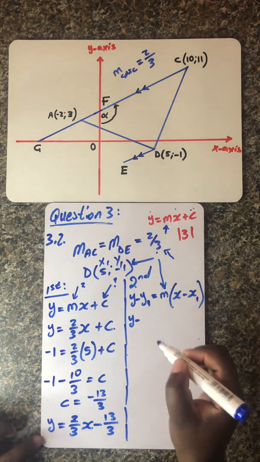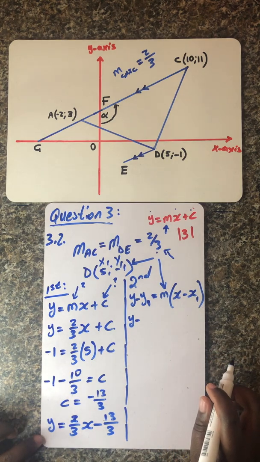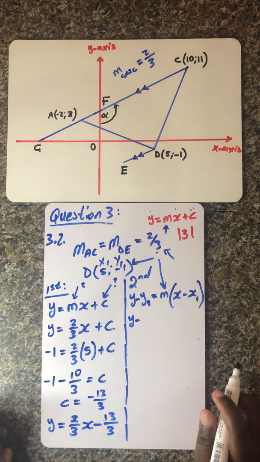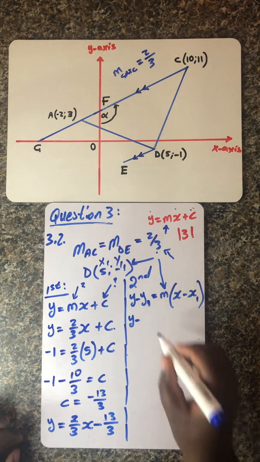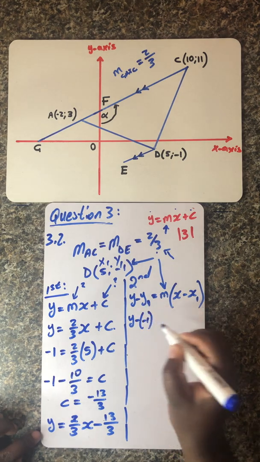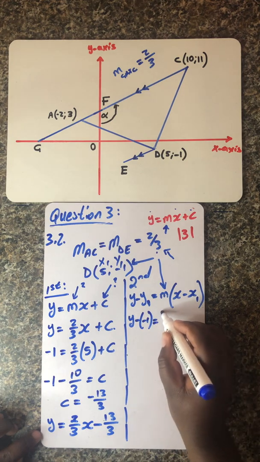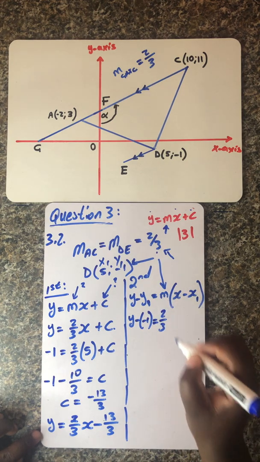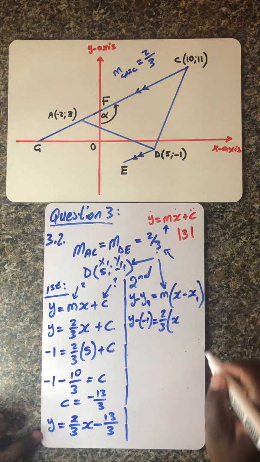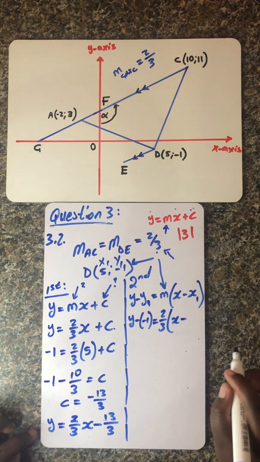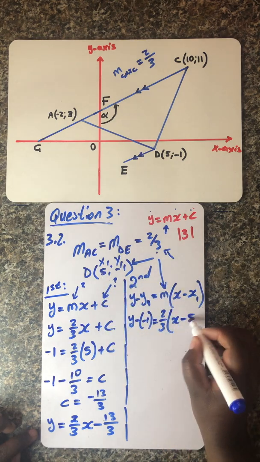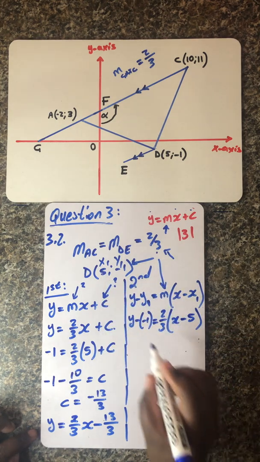Okay, so now let's substitute and see what we get in the end. Ladies and gentlemen, it's very important that you fully understand exactly what I'm doing here. So now let's substitute our y1. It's obviously -1, which equals 2/3, our gradient, and x is just x. Then you subtract x1, which equals 5.